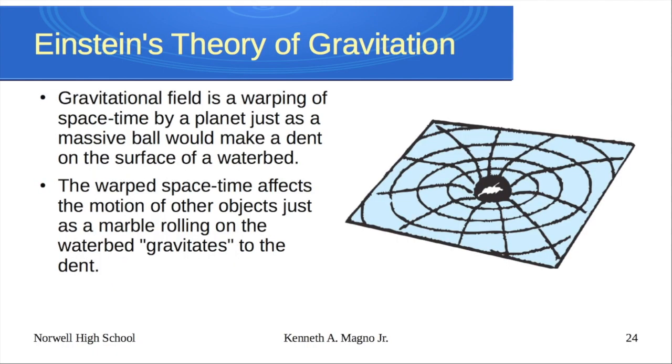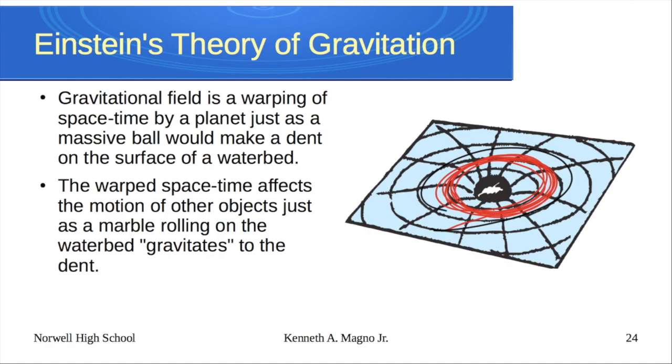So this gets us to Einstein's theory of gravitation. Einstein, with that idea of those fields, thought of it more like warping a surface. So think of if you put a dent in a waterbed by putting a bowling ball on it, or if you just had a stretched sheet and you put a bowling ball in it, it would warp that space, okay? So his idea was, if I put something in near here, if it was going at the right speed, it might just gyrate or oscillate around here in orbit, all right?